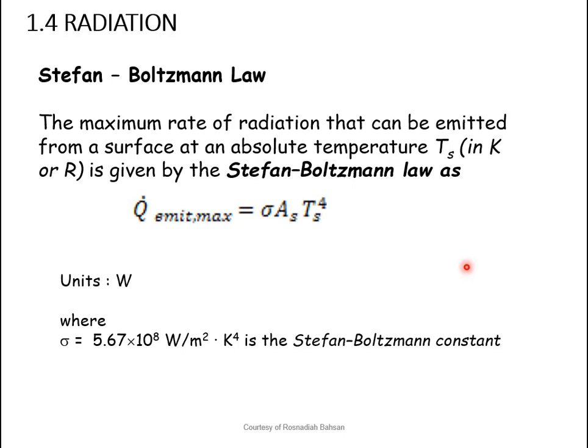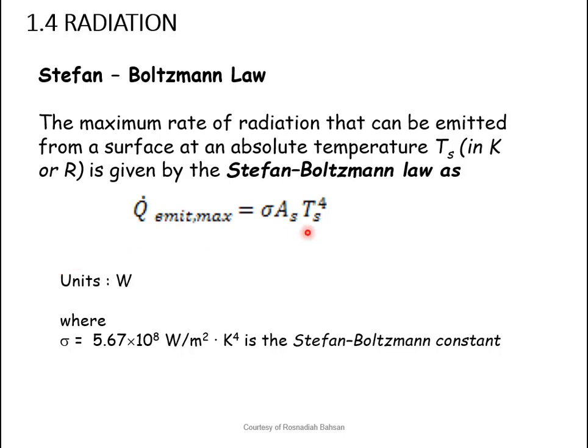For radiation, we use an equation known as the Stefan-Boltzmann law. The maximum rate of radiation that can be emitted from a surface at an absolute temperature T surface, in Kelvin or degrees C, is given by the Stefan-Boltzmann law.